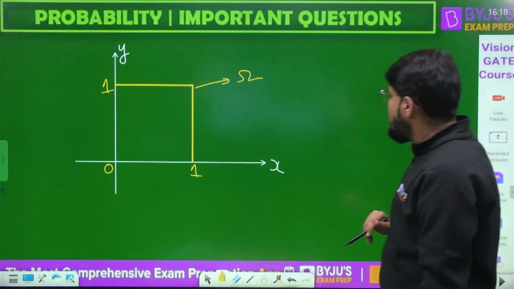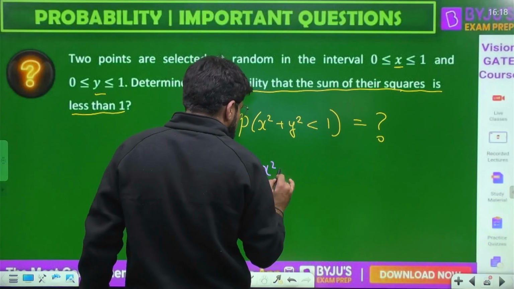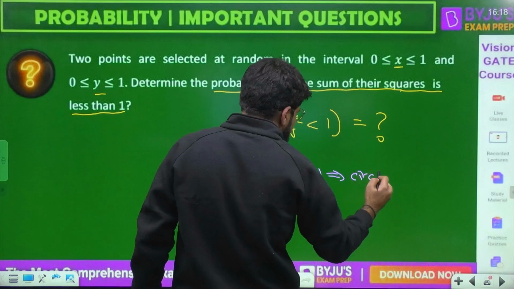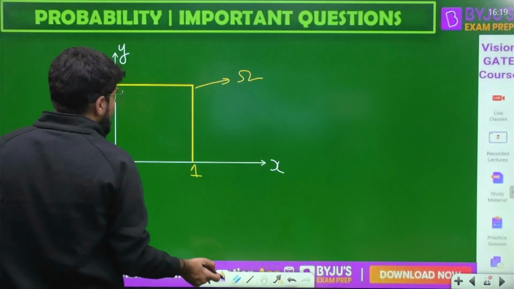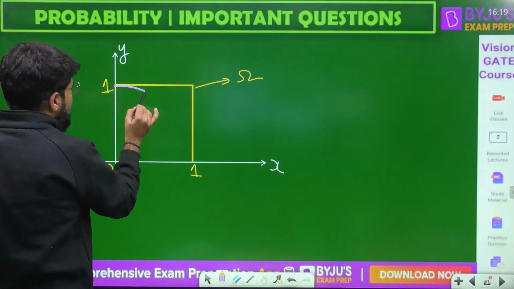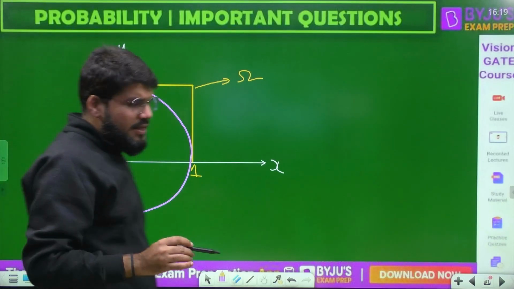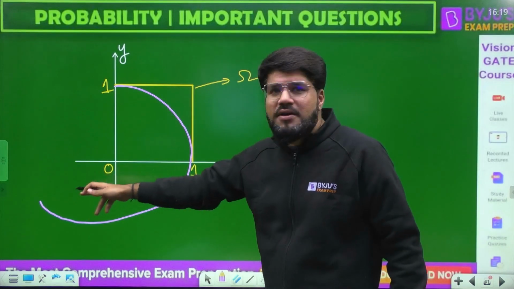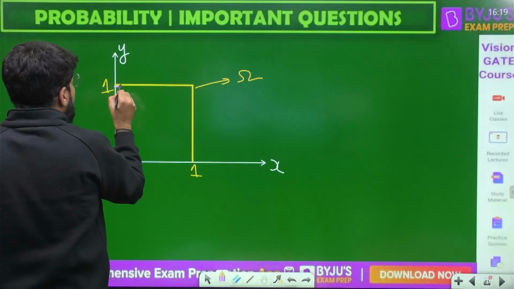But I want the probability that x square plus y square is less than 1. x square plus y square equal to 1 is a circular equation, representing a circle of radius 1. I will not draw the complete circle because nothing can happen outside the sample space; x and y can only be chosen here, not in any other quadrant. So I draw the unit circle as a quarter circle in the first quadrant.